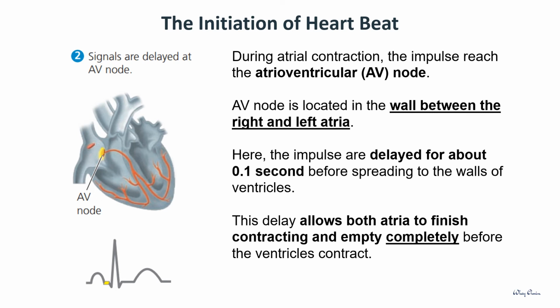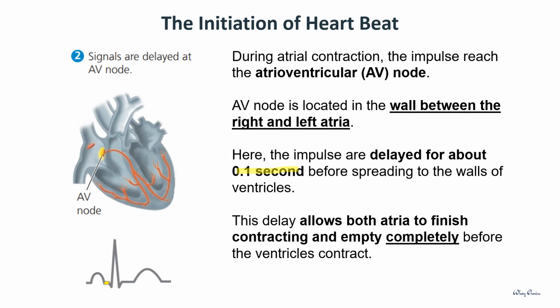So semasa atria masih mengalami contraction, impulse ini telah sampai ke another group of specialized cells, which is the AV node. Tetapi bila impulse sampai di sini, ia akan ditangguh selama 0.1 second, or we say the impulse will be delayed for about 0.1 second before it passes to the next components of the impulse transmission system.